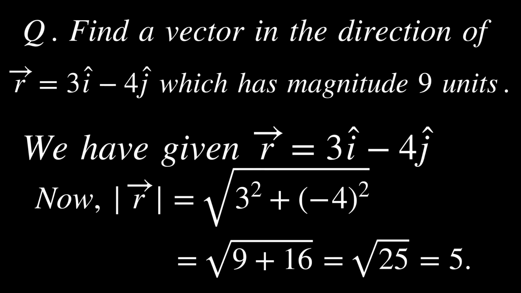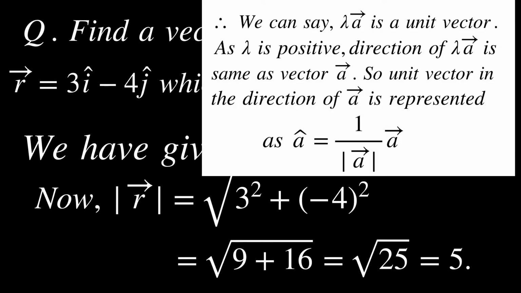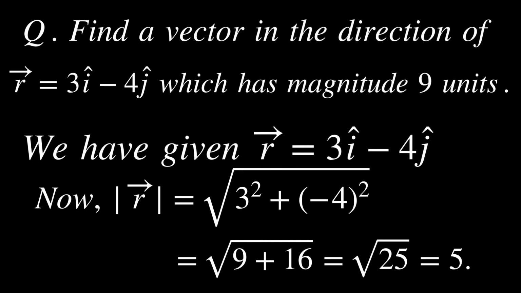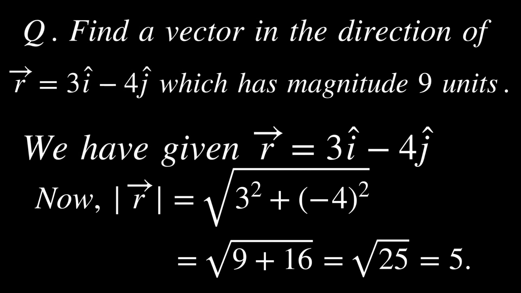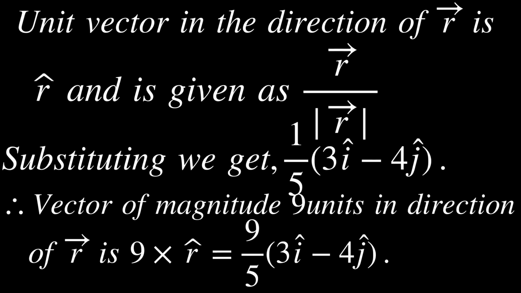Now you know how to find its unit vector, correct? It is given by vector r divided by modulus of vector r. So modulus of vector r is equal to square root of 3 square plus minus 4 the whole square, which is equal to square root of 9 plus 16, which is equal to root 25, which is equal to 5. Now the unit vector in the direction of vector r is 1 by 5 into 3i minus 4j.